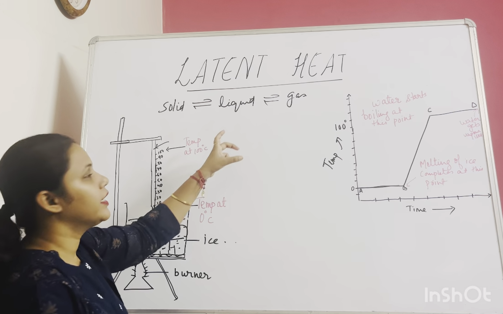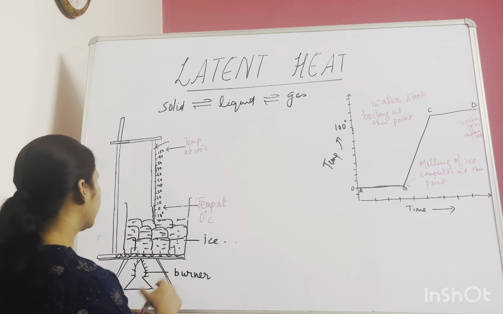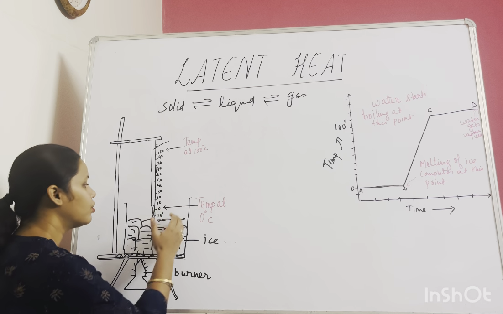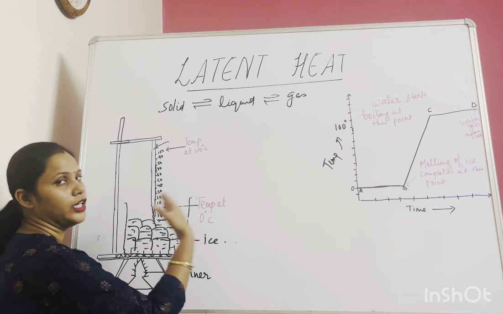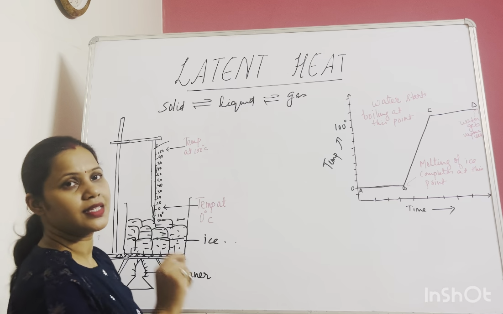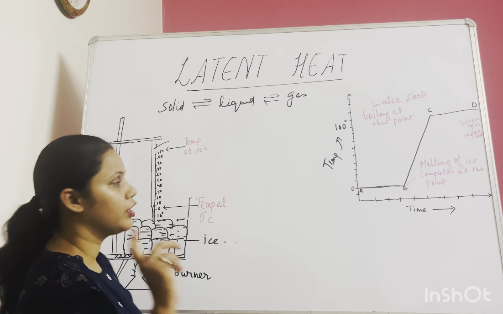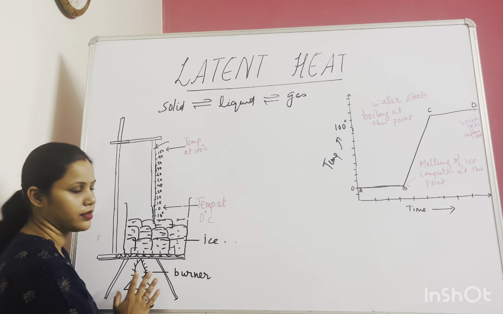Okay, that hidden heat which uses the energy supplied to the system to convert the solid into liquid is known as latent heat of fusion. We use it for the fusion of ice.